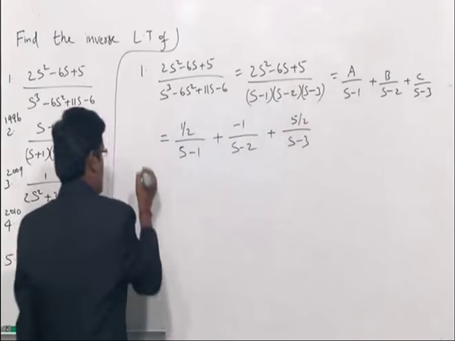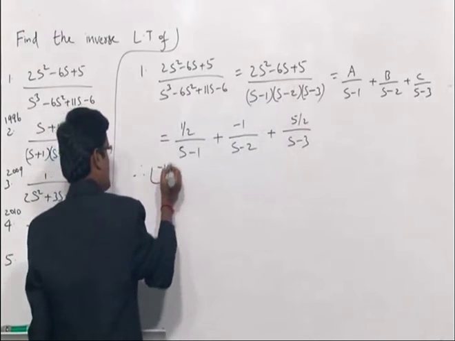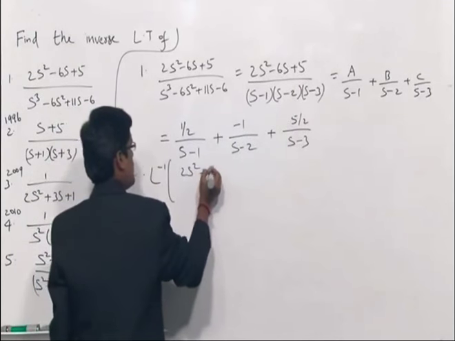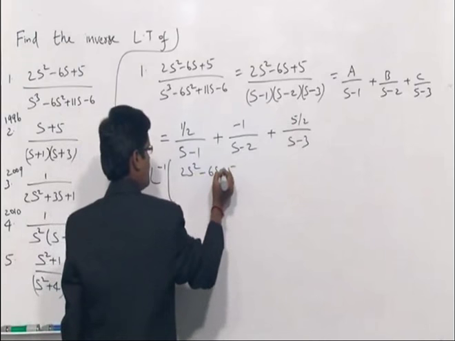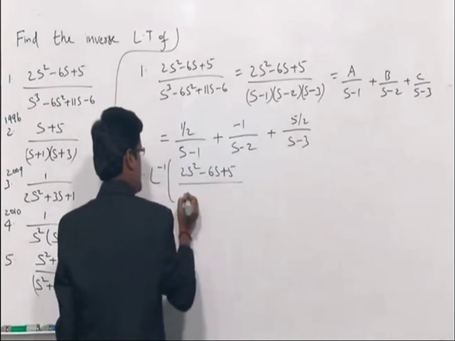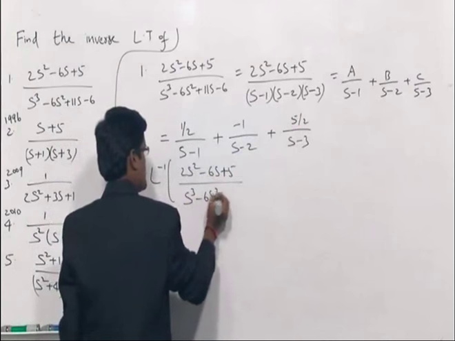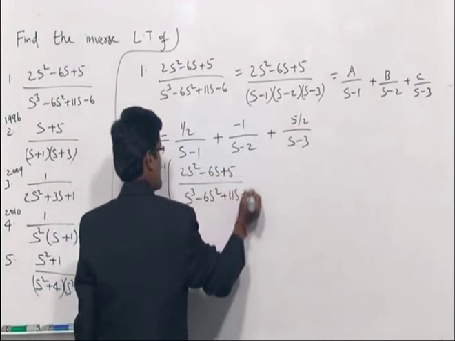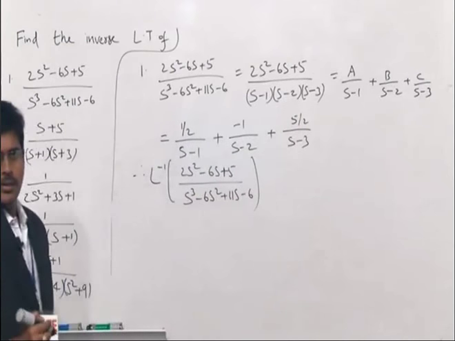Okay. So therefore, L inverse of 2s square minus 6s plus 5 divided by s cube minus 6s square plus 11s minus 6.